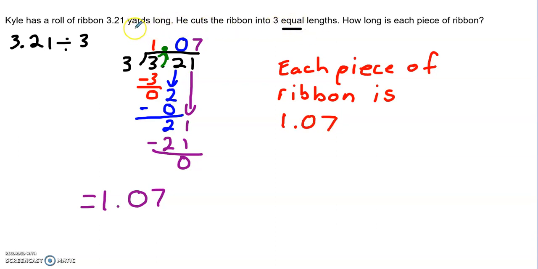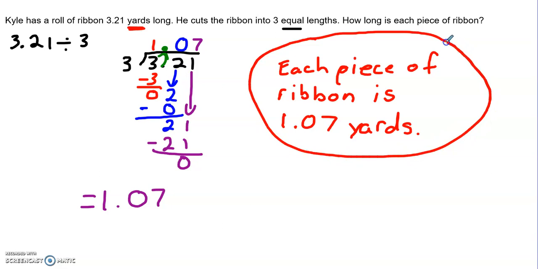And I look back and I know that this is yards. It says yards right here. And then I just circle it as that is my final answer. That each piece of ribbon is 1 7/100 yards.